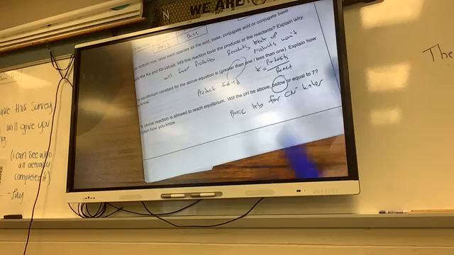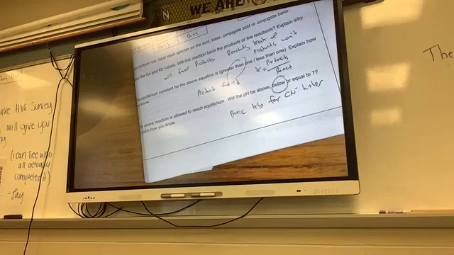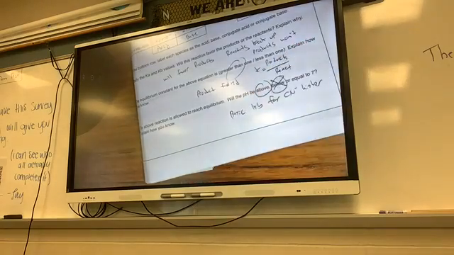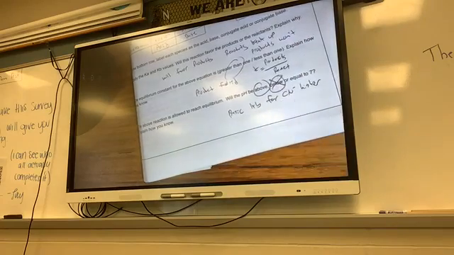Above is basic, below is acidic. Did I flip it? Above. So I was right. It should be above, yes. The pH will be above because it's basic, because the Kb is higher for CN minus. Good catch. Next page.